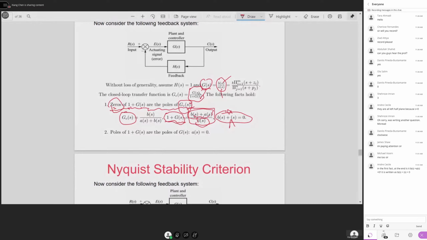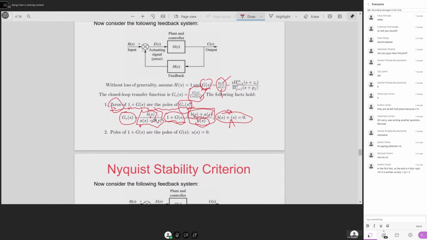Another easy manipulation will give you this expression, the closed loop system's expression in terms of the ratio of the polynomials. Now we find out that the closed loop system shares the same numerator as the open loop system, but the denominator becomes what? A of S plus B of S.